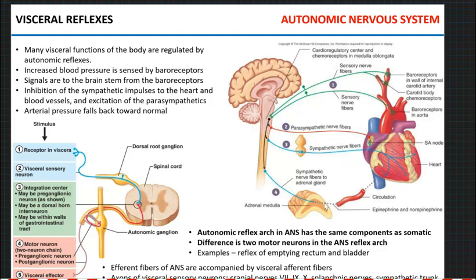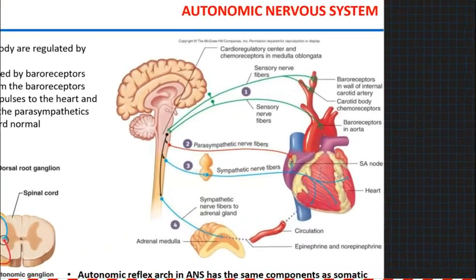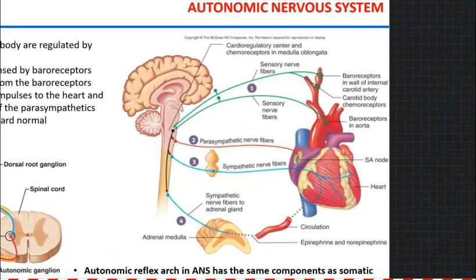An example of such a reflex is the baroreceptor reflex, shown here on the right. So let's say your blood pressure decreases. Okay? That makes sense? You have baroreceptors in the aorta and carotid sinuses, which sense the reduced pressure and send the signals to this part of the brainstem.